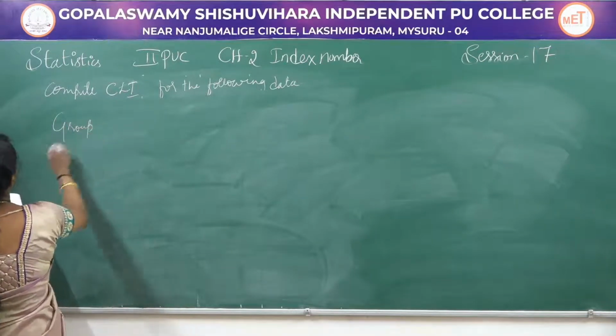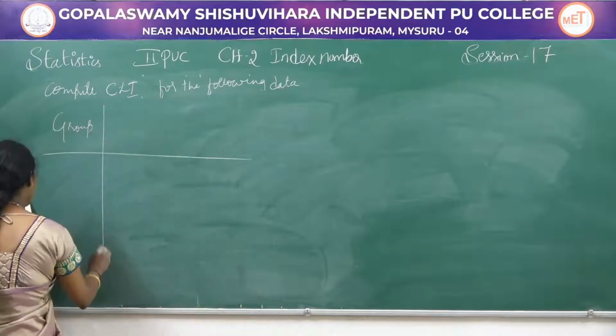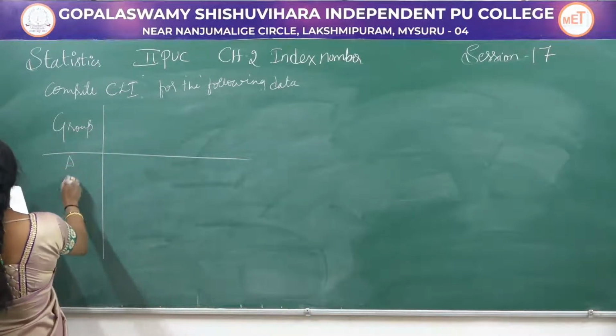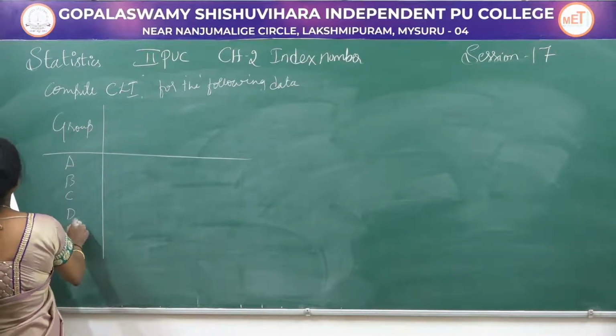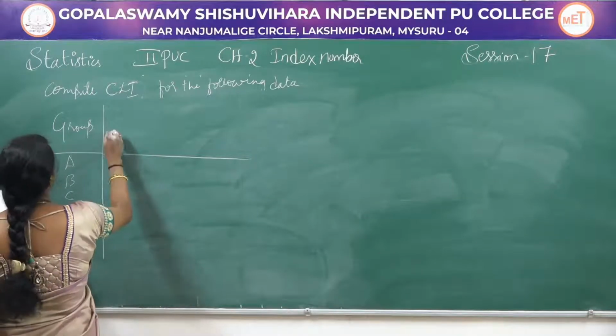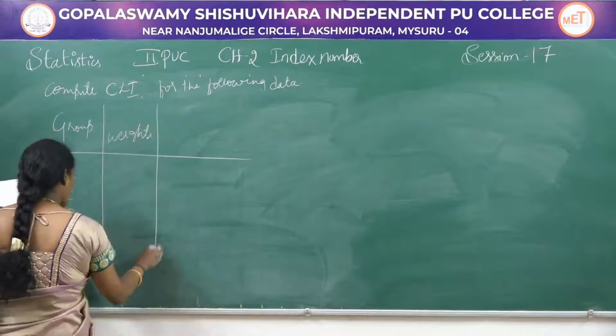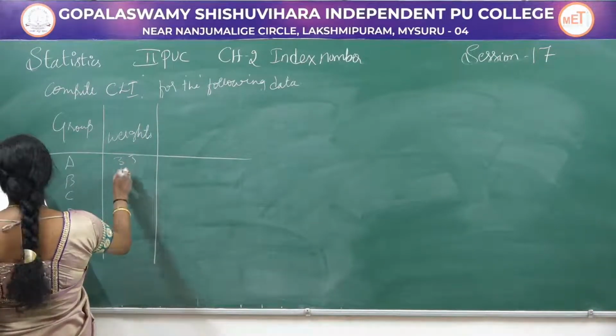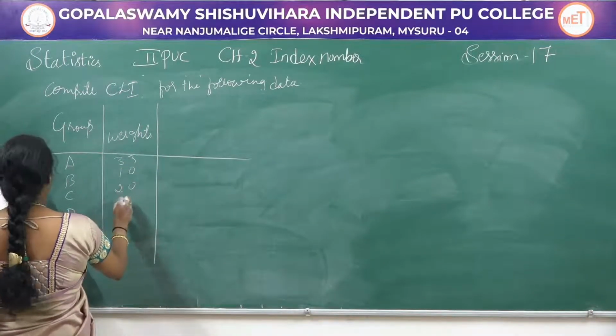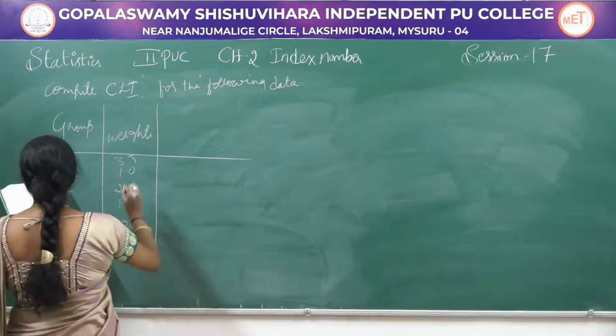Group A, B, C, D, E. Weights: $35, $10, $20, $15, $20.